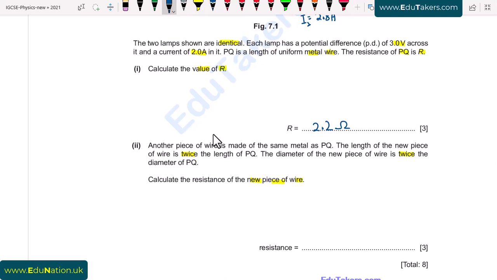So we know that resistance is directly proportional to length and it is inversely proportional to area. By combining these two, I can write R is directly proportional to L over A. To eliminate the proportionality sign, R is equal to rho, that is resistivity, L over A. As in the question, it is given that the piece of wire is the same metal, so the resistivity remains same, it is constant.